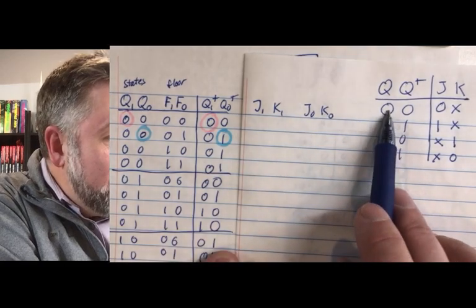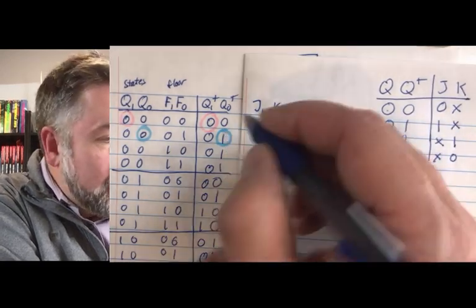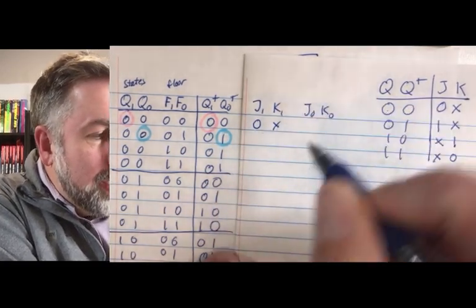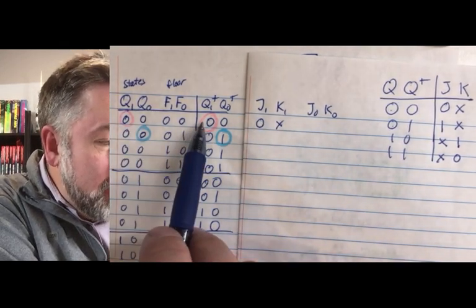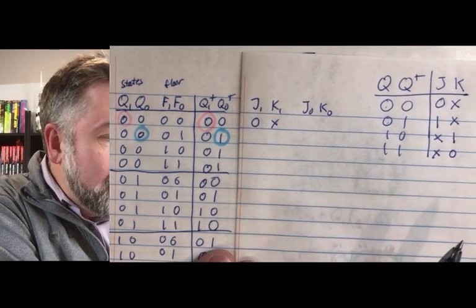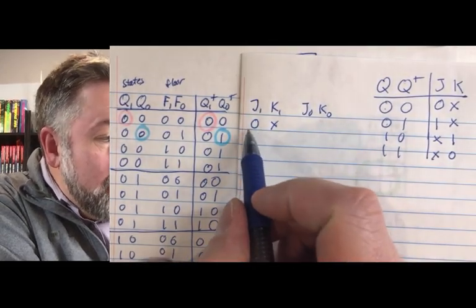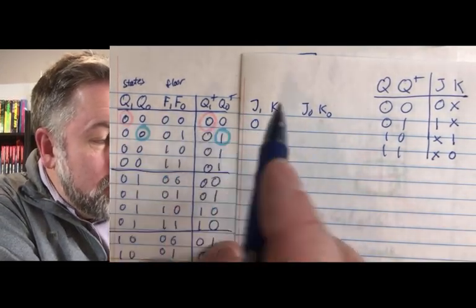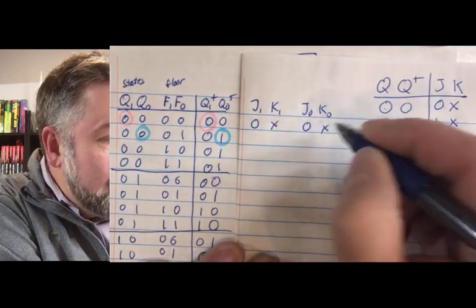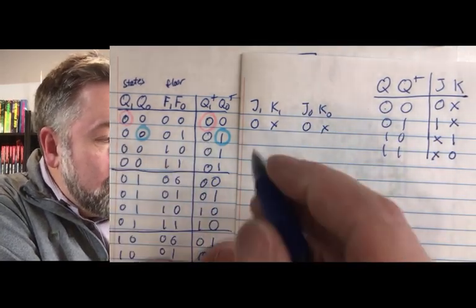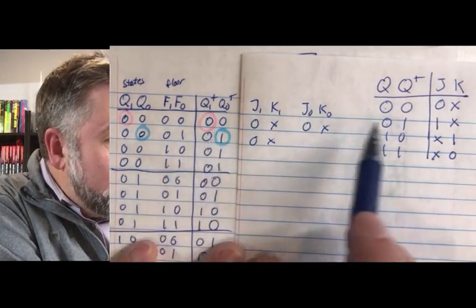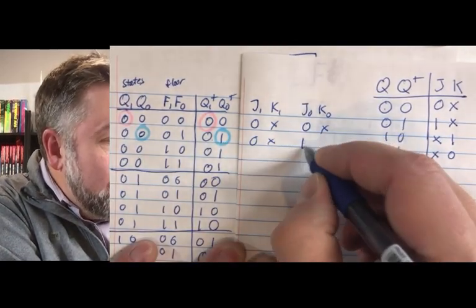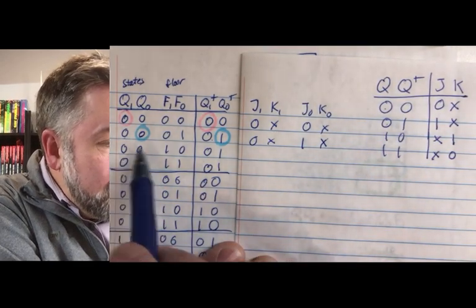That means if I'm in 0, I want to go to state 0, that's 0x for J and K. Because I can either hold the current state, or I can reset the current state. That's 0 and x. Then, that's the same for Q0 and Q0 plus, 0 to 0 is 0 and x. And then if I look at the blue one, if I'm in state 0 but I want to go to state 1, that's 1x.